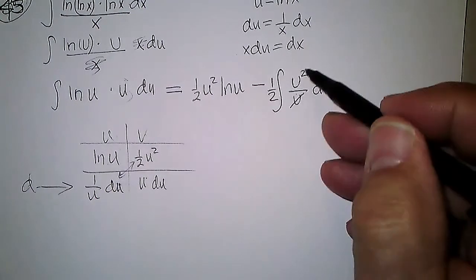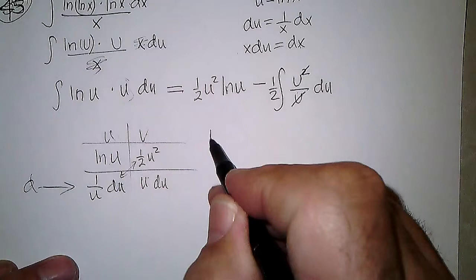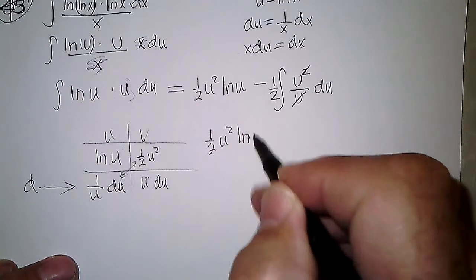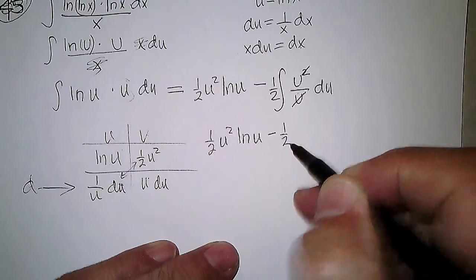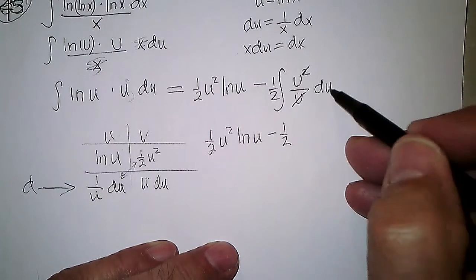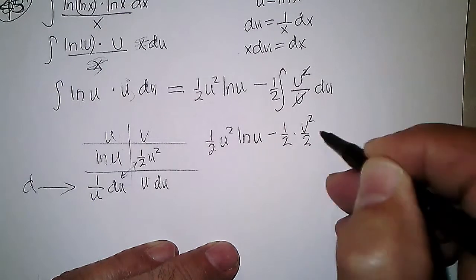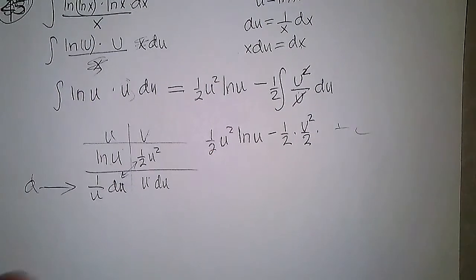Well, that u will cancel one of those, so we just got the integral of u times 1/2. So this becomes 1/2 u squared ln u minus 1/2, and the integral of u du is u squared over 2, and there'll be a plus c, but we'll change that.